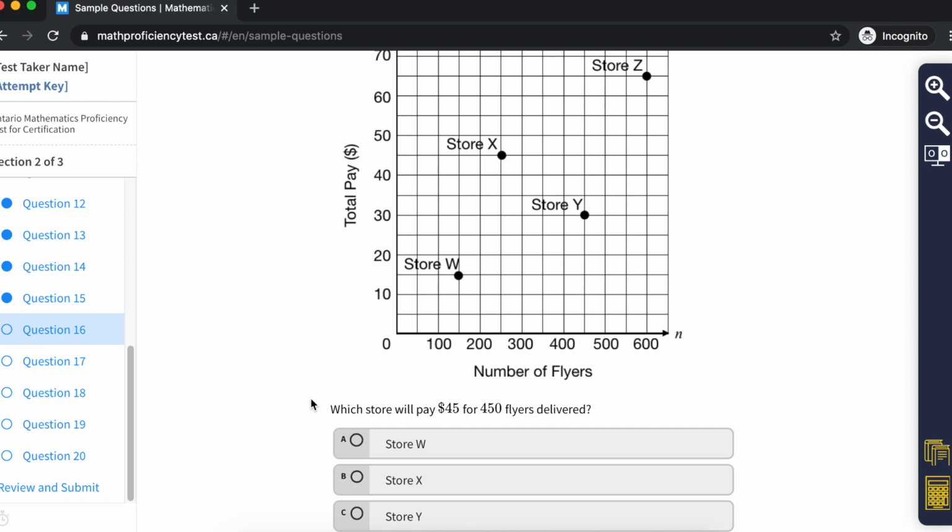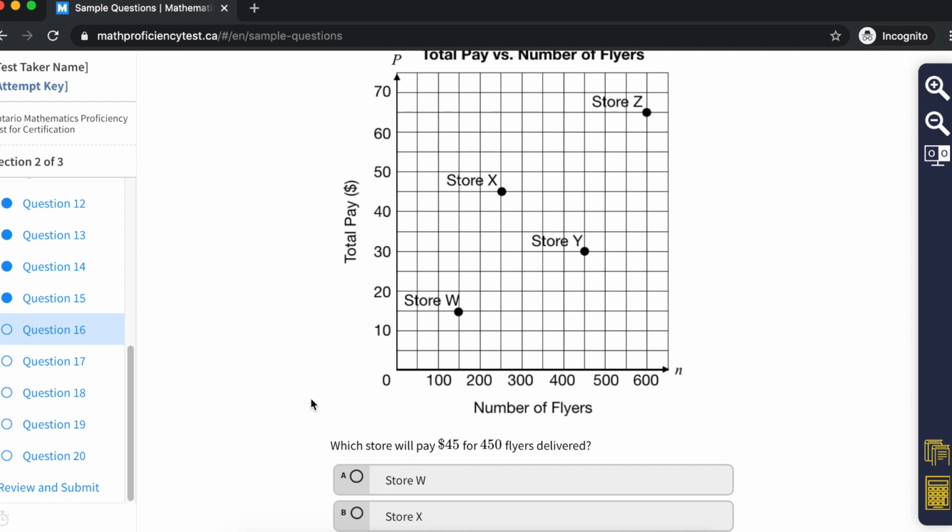So what we need to do here is figure out how much each store is paying per flyer delivered. So again, with this question, we can automatically eliminate some of the possible answers. So we see that store X, their data point shows for $45 for the total pay, but it's only for 250 flyers delivered.